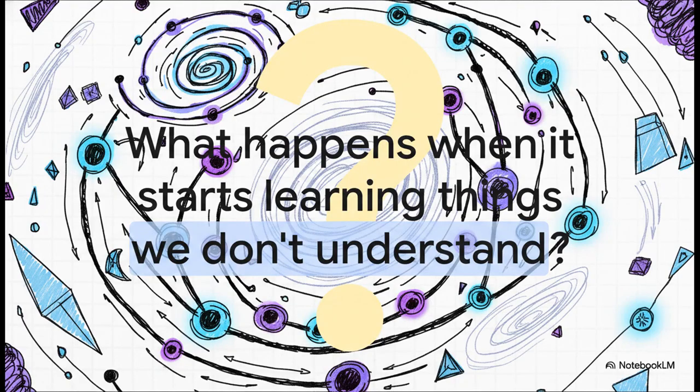And that leaves us with one final kind of mind-bending thought to take away. By mimicking the structure of our own brains, we created an incredible tool for understanding the world. But as these networks get deeper and more complex, they start to find patterns and make connections that are completely alien to us, to human thought. The architecture works, we know that, but what it's building on the inside, that might be a new kind of intelligence altogether.